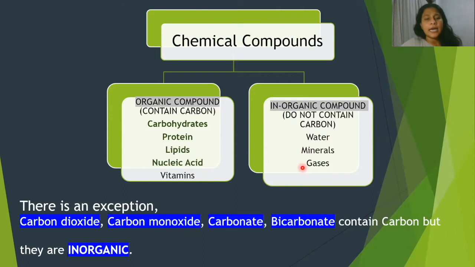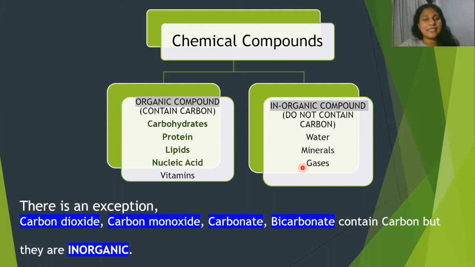Also there are some exceptions: carbon dioxide, carbon monoxide, carbonate, bicarbonate. Even when you read these terms, you can see they contain carbon. Even though they have carbon in their terms, they are considered inorganic compounds, right? There's no point questioning why.